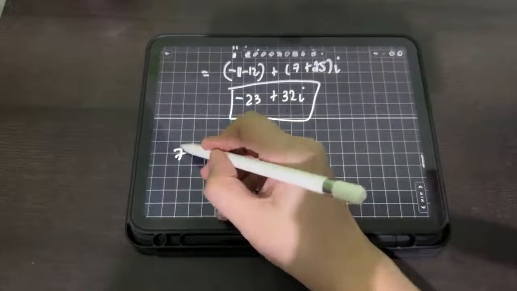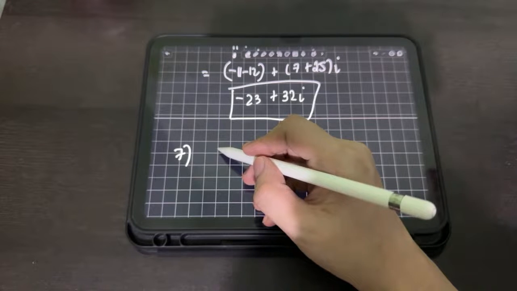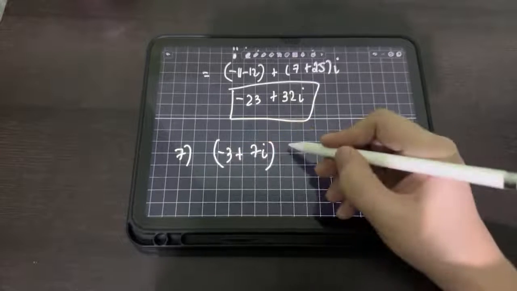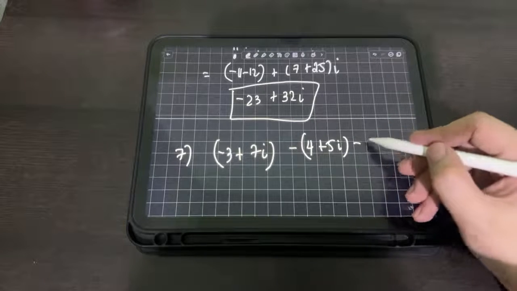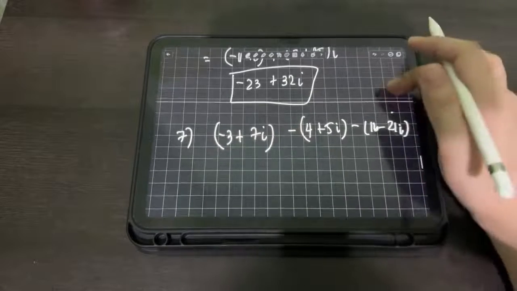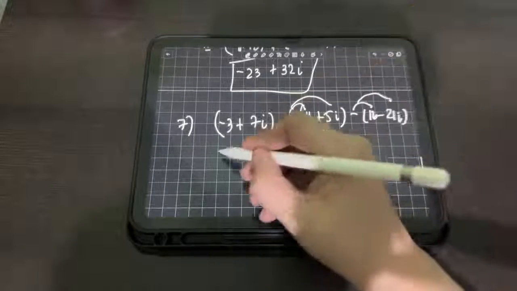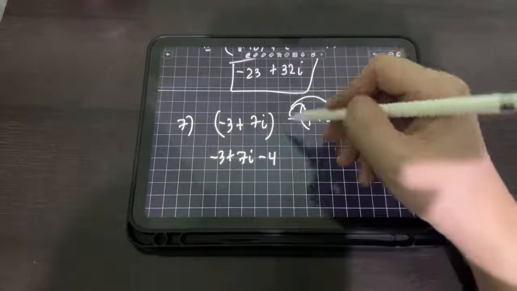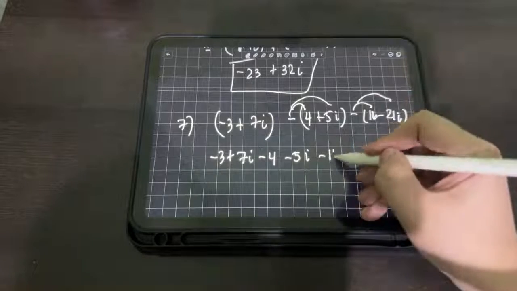Okay, number 7. What if -3 plus 7i minus 4 plus 5i minus 16 minus 21i? Okay, so we can distribute first this negative sign. So we will have -3 plus 7i, then -4 minus 5i, then -16.